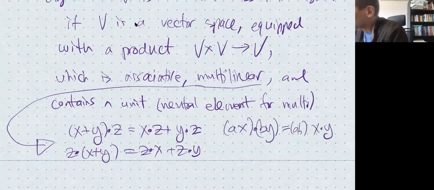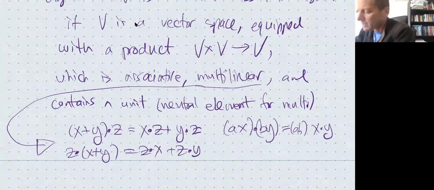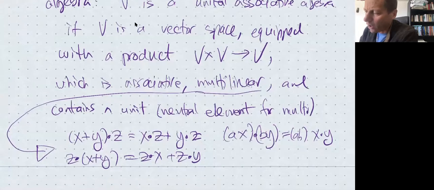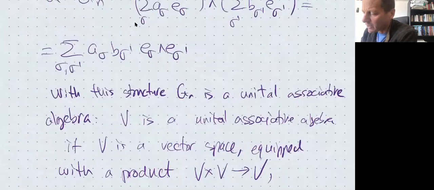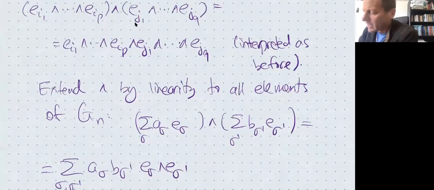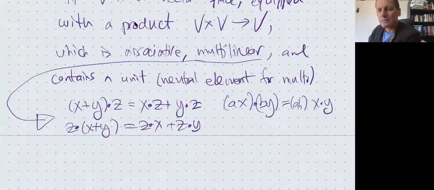Here I'm writing the product rule with this little dot just to signify that this is part of a general theory, but in our setup, this little dot is denoted by this wedge object. And all I'm saying right now is that with this definition of the wedge, it satisfies these properties that you see here. It's associative, it's multilinear, and it contains a unit.